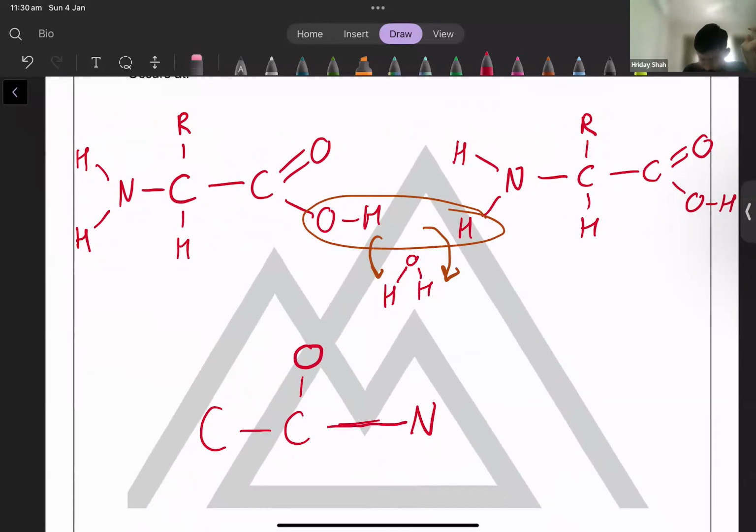Then carbon will connect to nitrogen. That H2O, the molecule that gets excreted, is going to be replaced by the bond. So we can see I've drawn that carbon-nitrogen bond. Water is left on the top. The rest, you can just draw in normally.